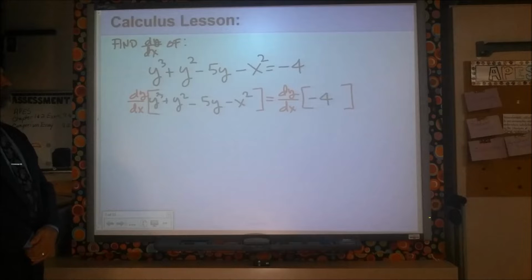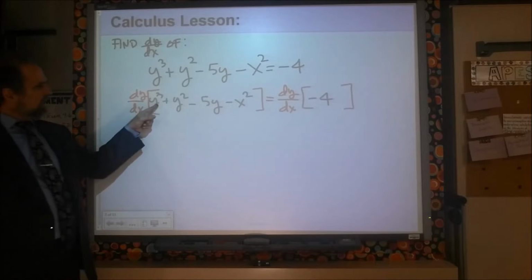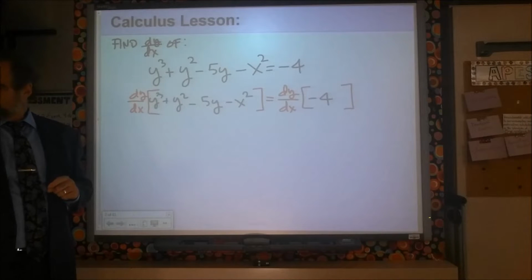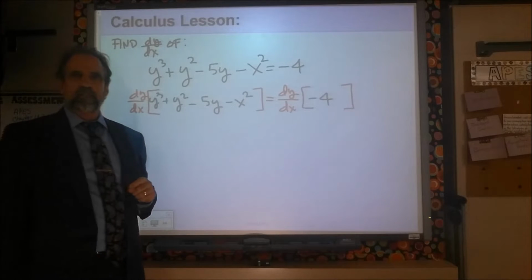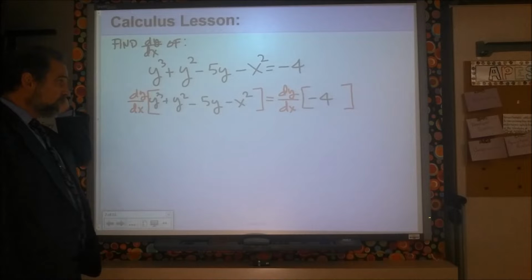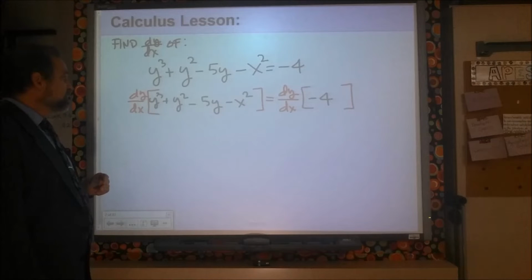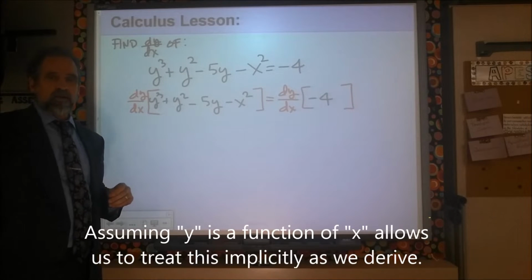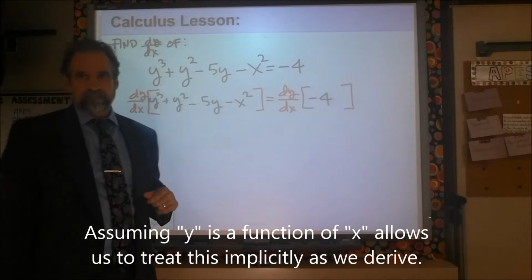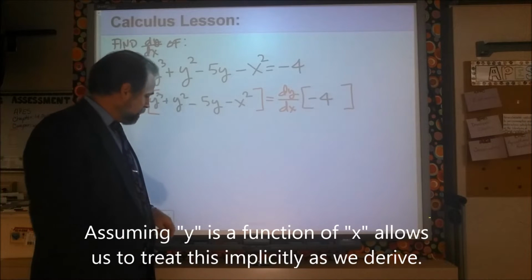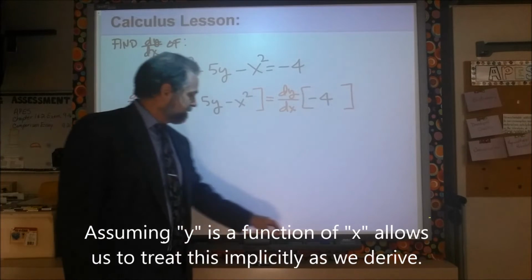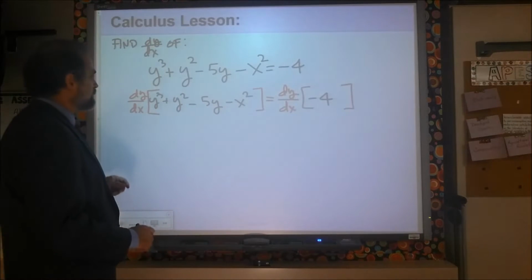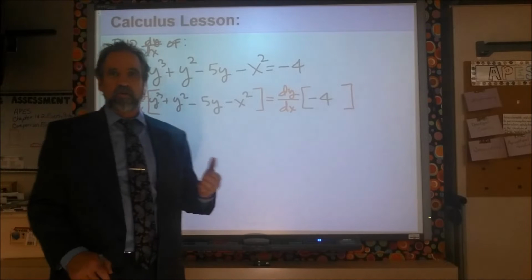Now, y is not an x, all right? And since y is not an x, we're going to have to use the implicit method, where we assume y is a function of x, but we don't know the function. So we can take y as a function of x by using the composite function strategy, or the chain rule.